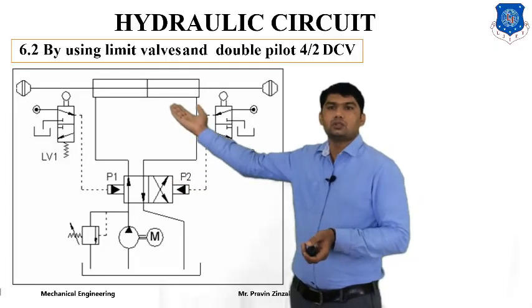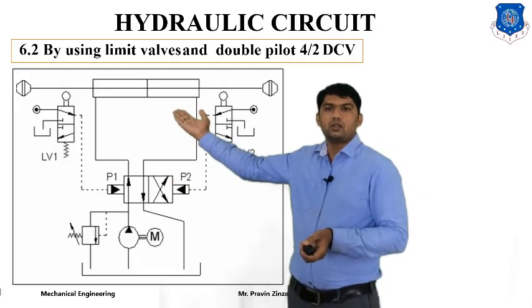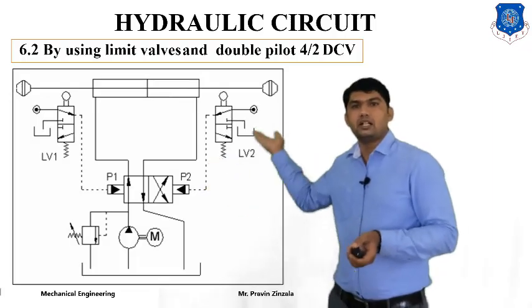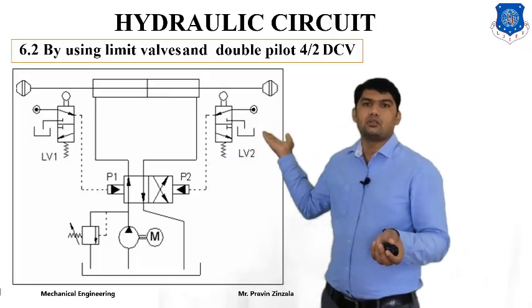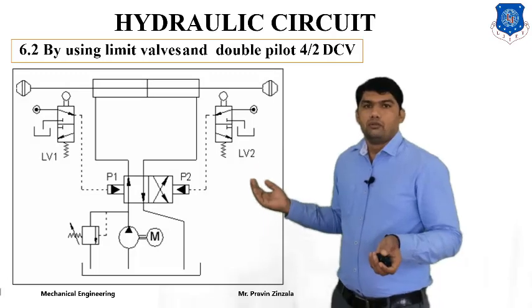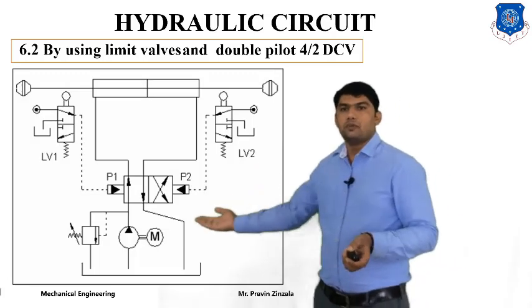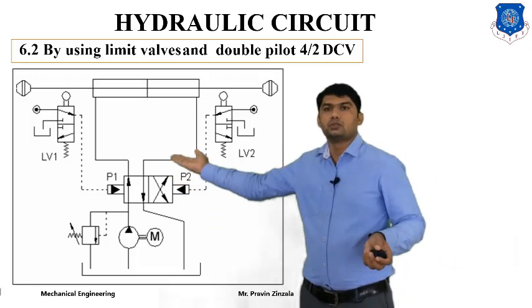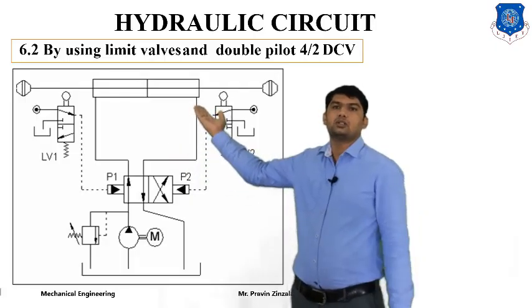P1 will be connected to the 5x2 direction control valve 1 and P2 will be connected to the 5x2 direction control valve 2. Whenever we start our circuit, the pump will supply fluid from the first side to the left hand side of the cylinder. So what happens?